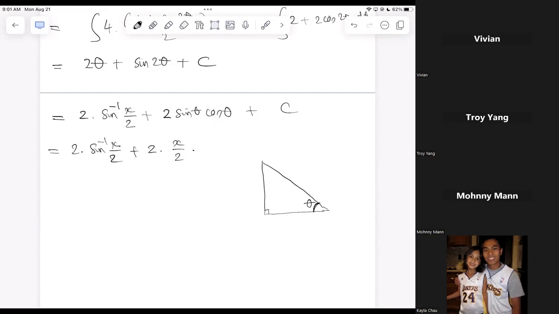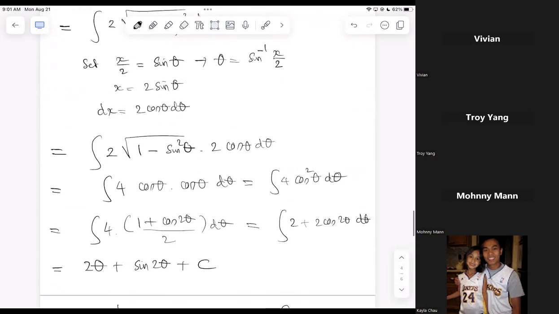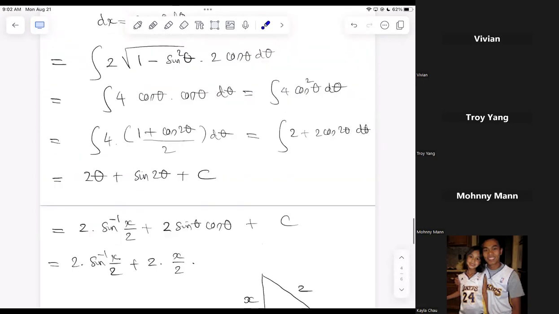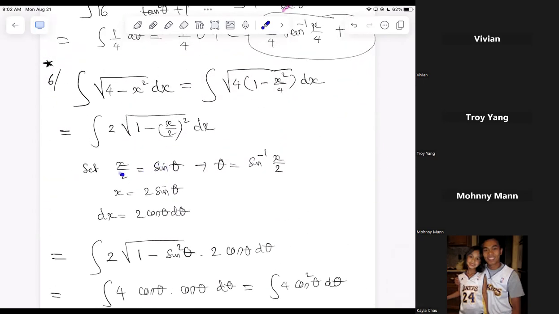Because I said sine theta equals x over 2, and sine theta is equal to the opposite over the hypotenuse, I can set the opposite equal to x and the hypotenuse equal to 2. From the beginning, I set sine theta equal to x over 2.